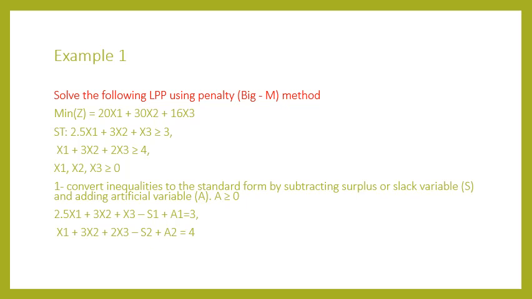Given min z equals 20x1 plus 30x2 plus 16x3, which is an objective function concerned with the problem of minimization.